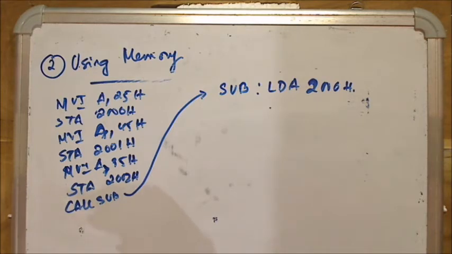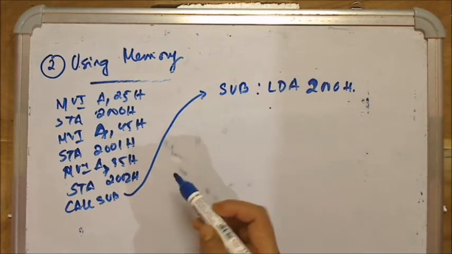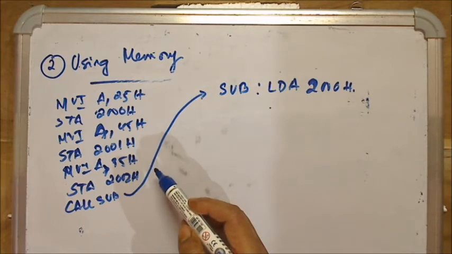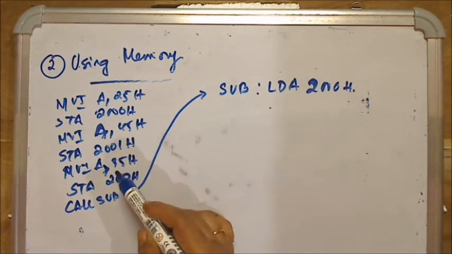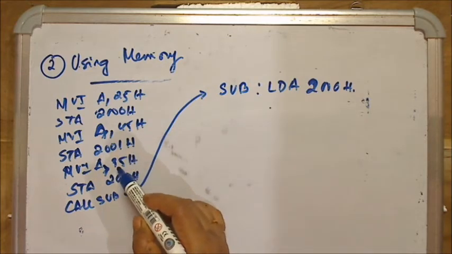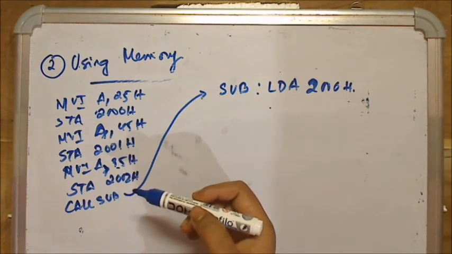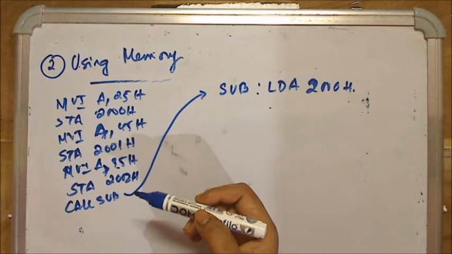Now what will happen? First of all, you see you have passed three parameters, right? 25, 35, and 45. You can pass as many parameters as you want. Now LDA 2000H.